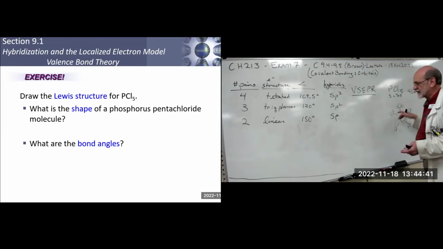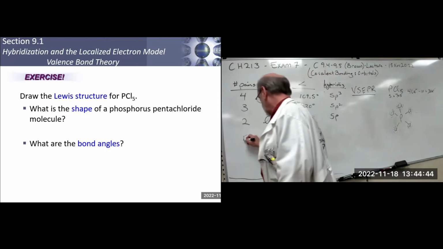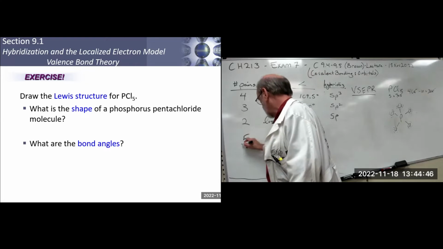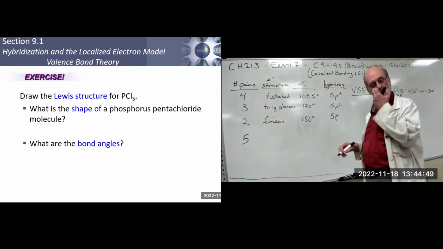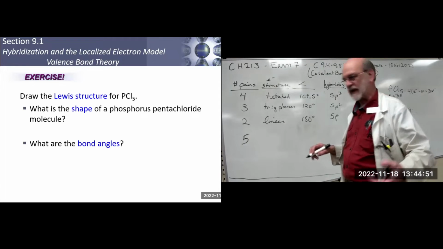Now we have 5 effective pairs, which gives us what structure? A trigonal bipyramid.